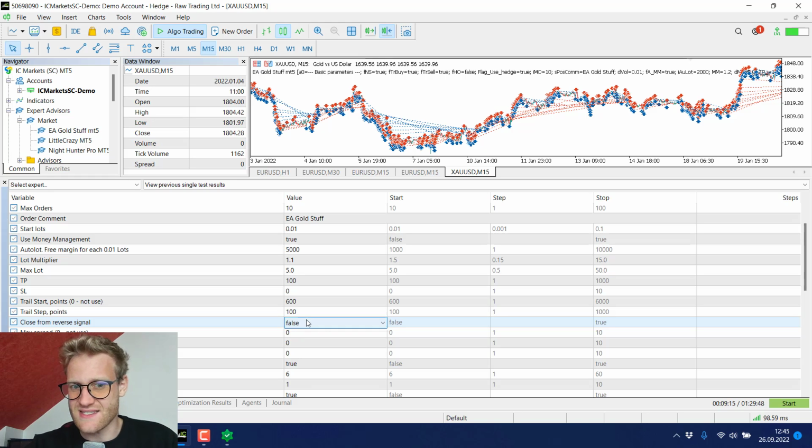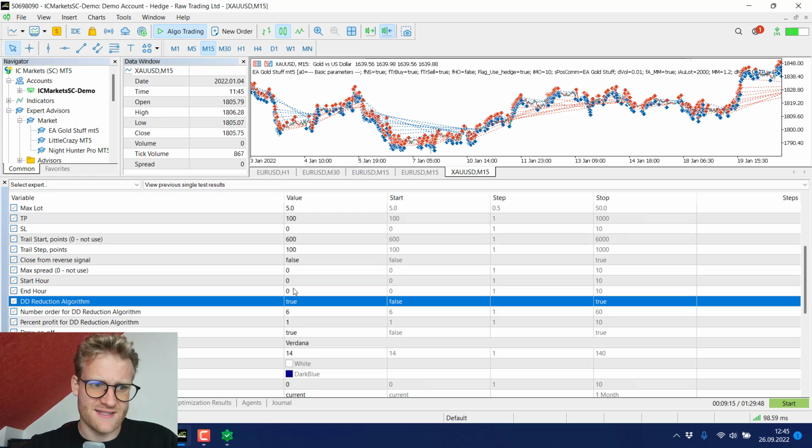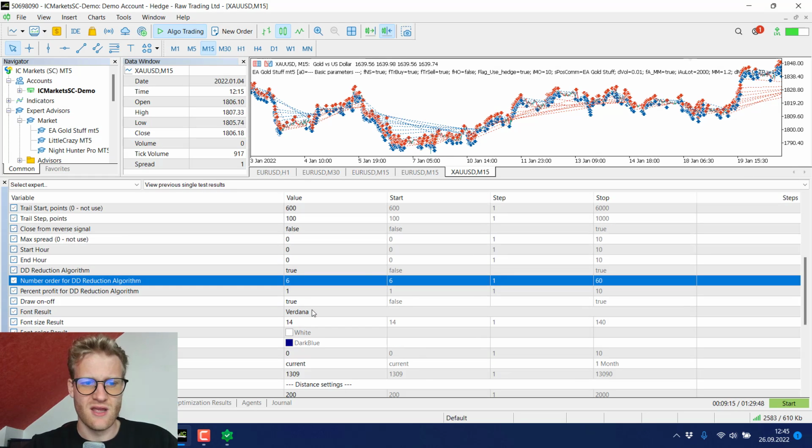Doesn't really make sense in this expert advisor, I believe. And you can have a spread filter, a time filter, a drawdown reduction algorithm, which I set to true. I don't really know what this does, but I believe it closes some positions if you are in drawdown for too long.